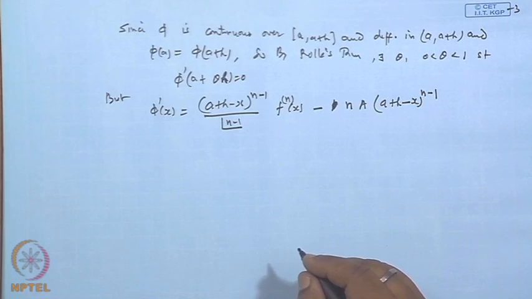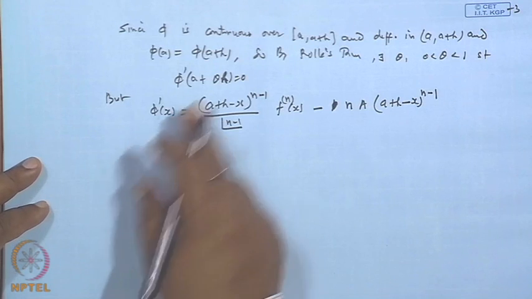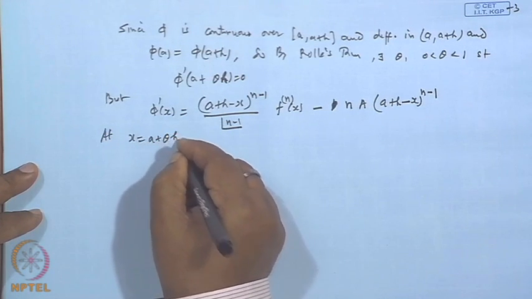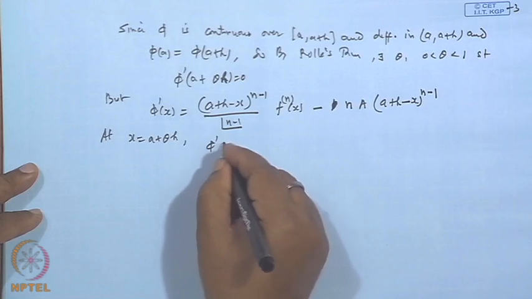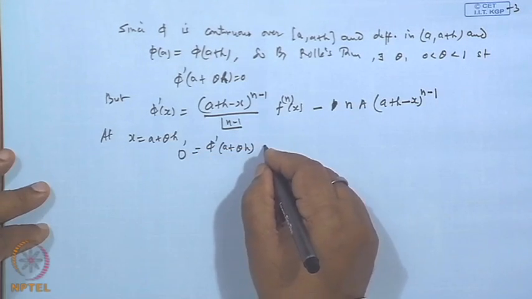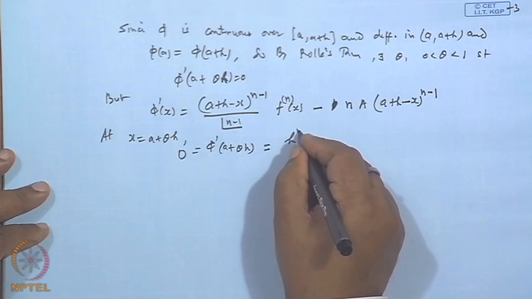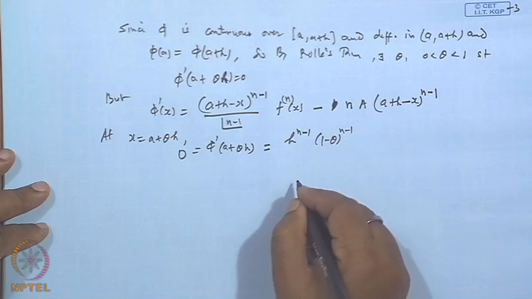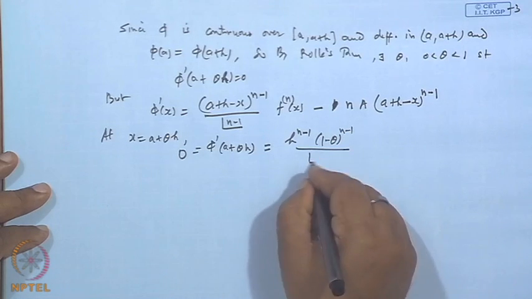This quantity at x equal to a plus theta h, the phi prime of this number is 0. So, from here what we get? We get h to the power n minus 1 times (1 minus theta) to the power n minus 1 over factorial n minus 1.